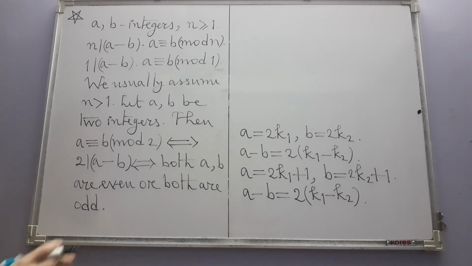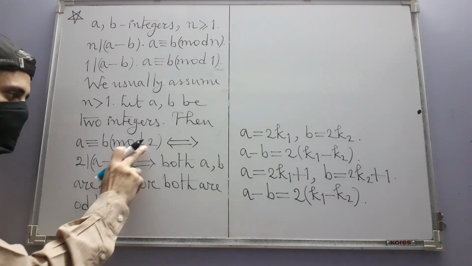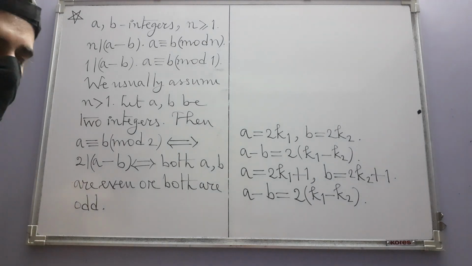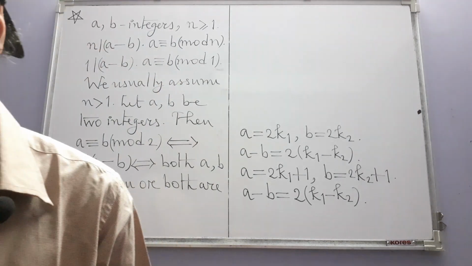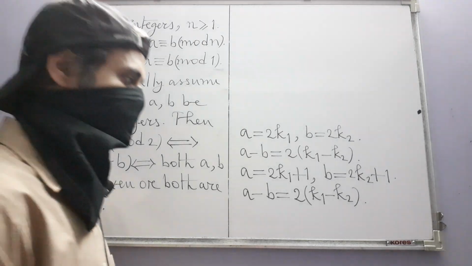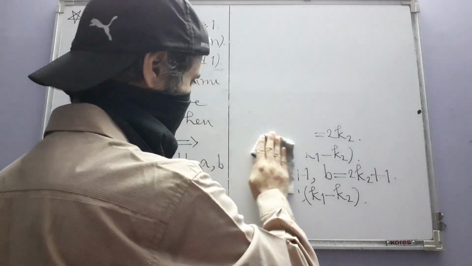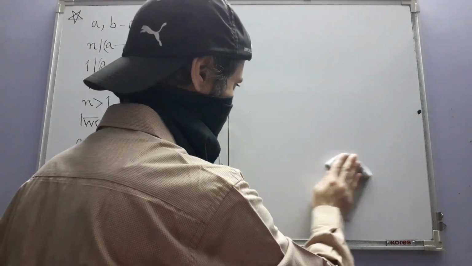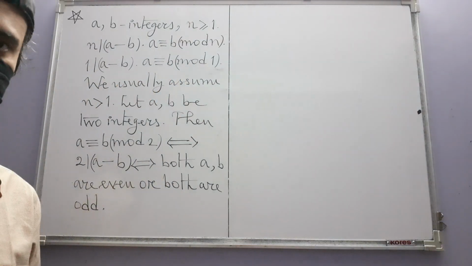Okay, so this is just one simple observation about this relation when the modulus is 2. But let us now go to a general discussion. What we are now going to do is consider a general modulus n, which may be 2, may not be 2, and we will also take any integer.